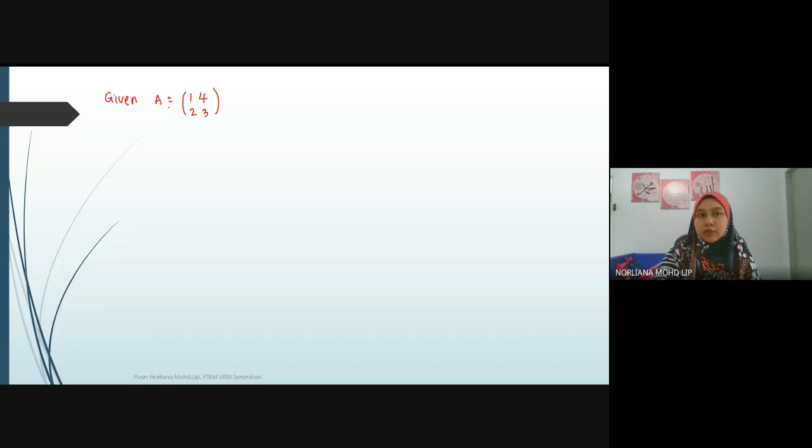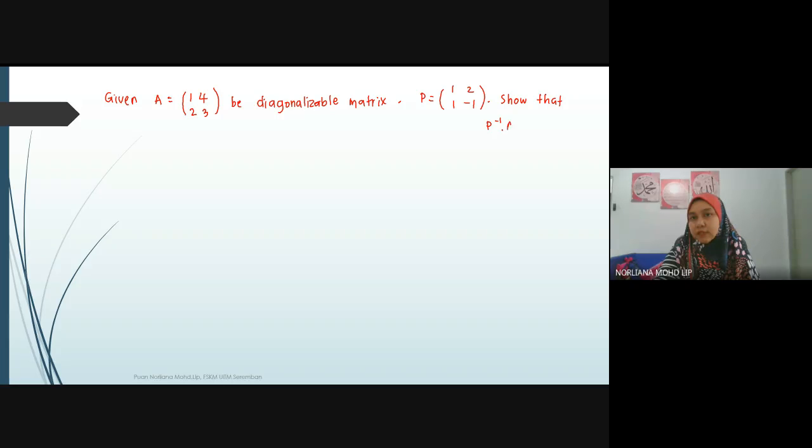Ni contoh dalam textbook. Matrix A corresponding to P equal to 1, 2, 1, 1. Show that P inverse times AP is a diagonal matrix.